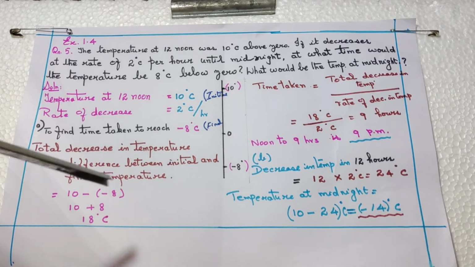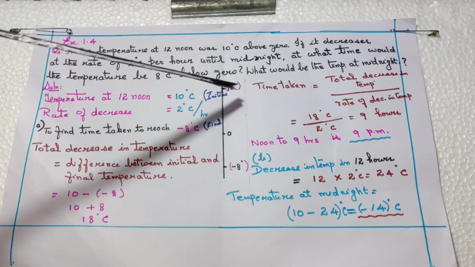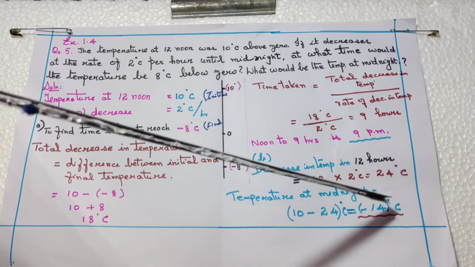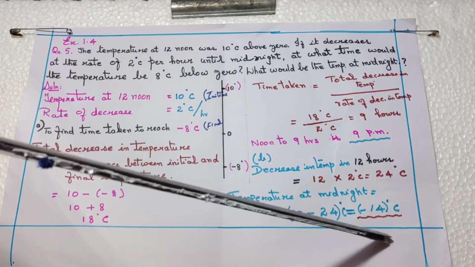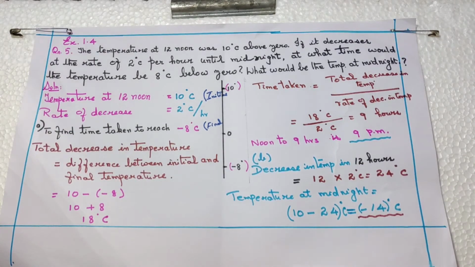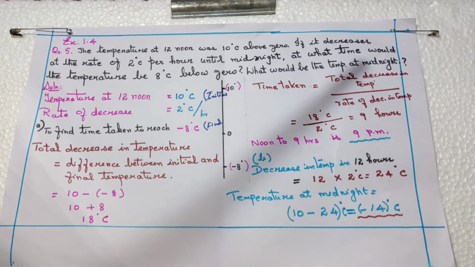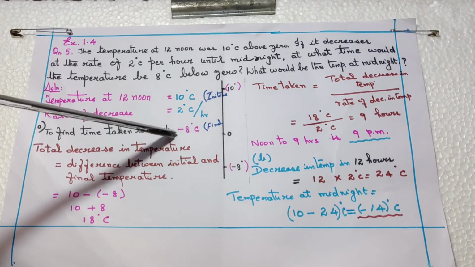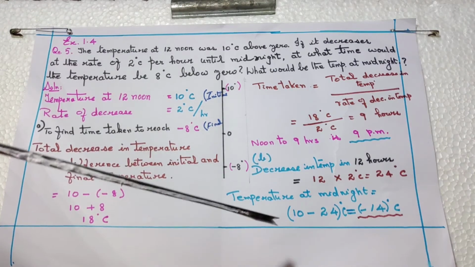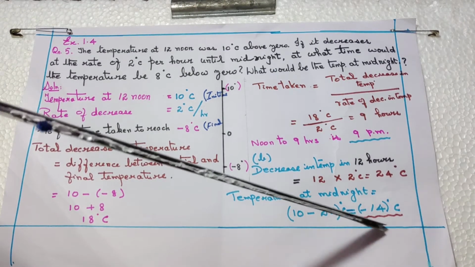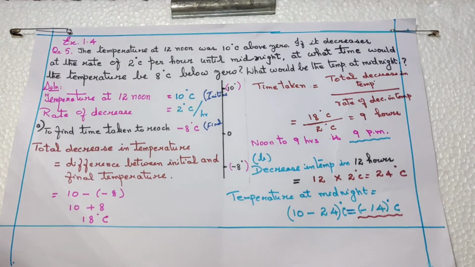So the final temperature at midnight will be 10 minus 24, which gives you minus 14 degrees Celsius. Now we got both answers, children. Number 1, at 9 p.m. the temperature will be minus 8 degrees Celsius, and at midnight it will be minus 14 degrees Celsius.